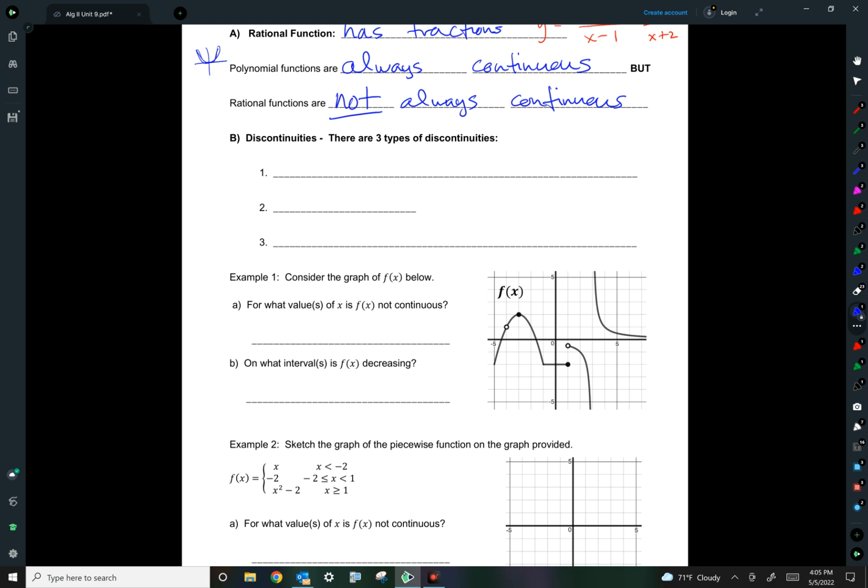Okay, so what does it mean when we say discontinuities? Discontinuities meaning not continuous. If I never gave you a math definition of continuity, you would just use what you know about the English word continuous.